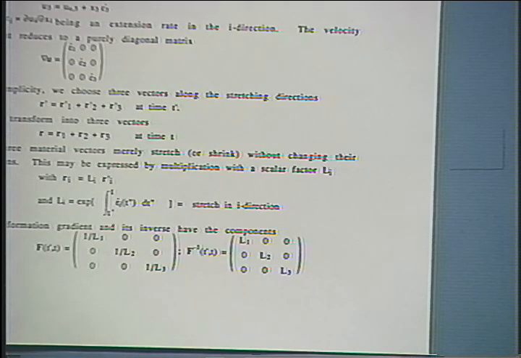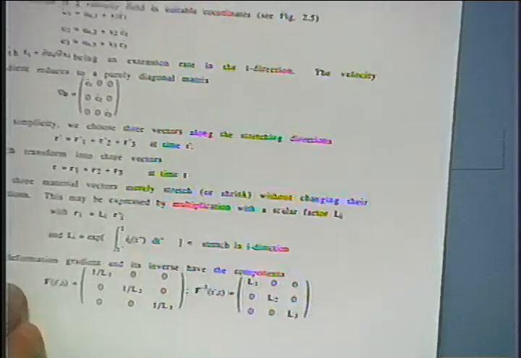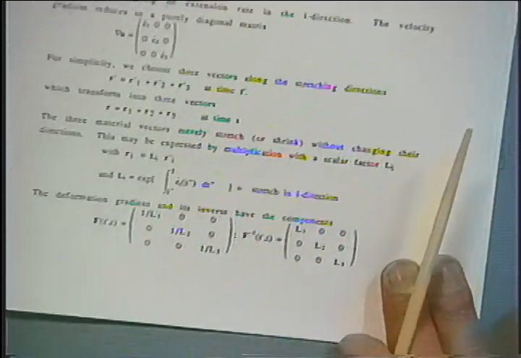We picked a coordinate system collinear with the corners of that extensional flow, so there's no angle change. F only has diagonal terms, and it reduces to that simple format.